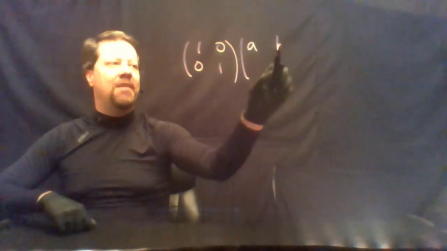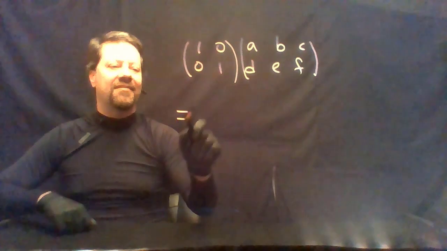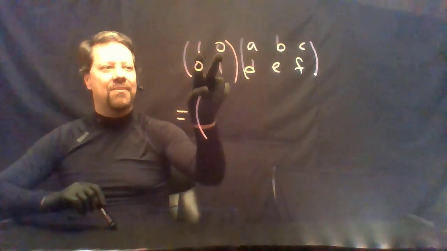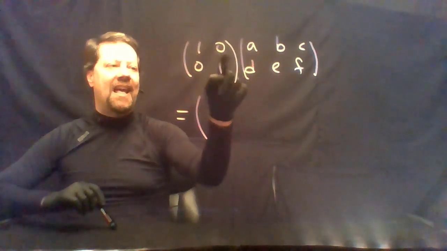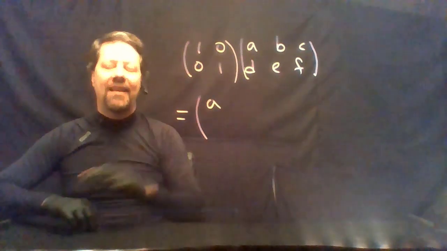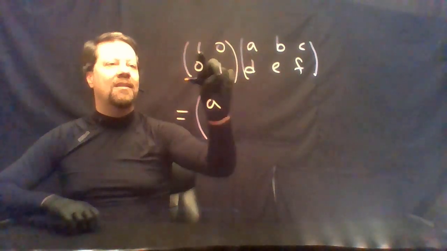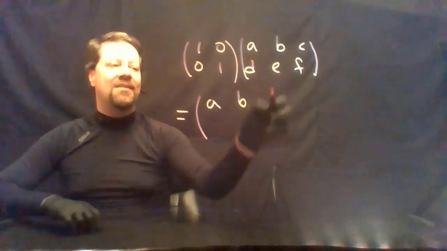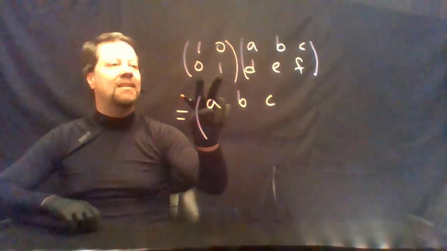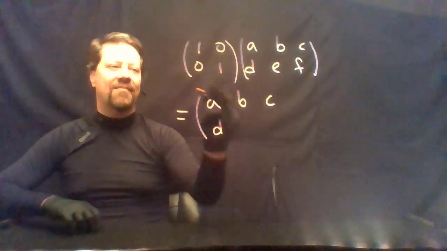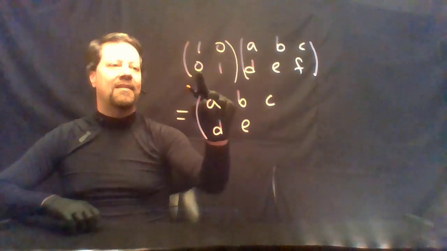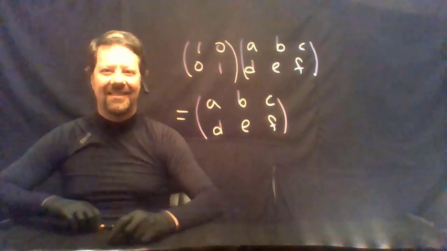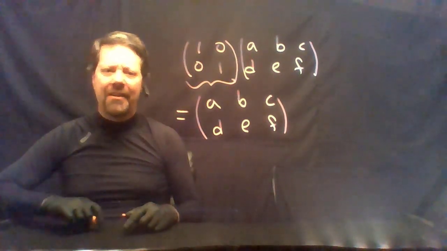To further develop the theory, you need to see what happens if I multiply 1, 0, 0, 1 times any matrix A, B, C, D, E, F. If I multiply the first row onto the first column, the 1 multiplies the A and the 0 multiplies the D. So I end up with just A. First row, second column, 1 times B and 0 times E, that just gives me B. 1 times C and 0 times F, and then when I multiply the second row, I'll have 0 times A and 1 times D, 0 times B and 1 times E, 0 times C and 1 times F. This matrix is behaving in a very interesting way.